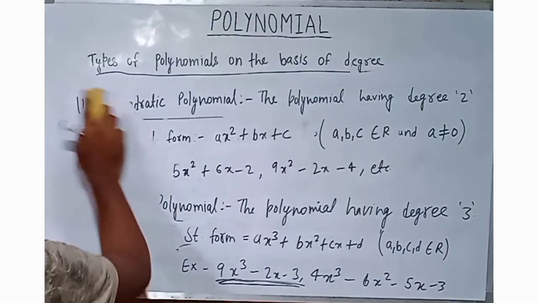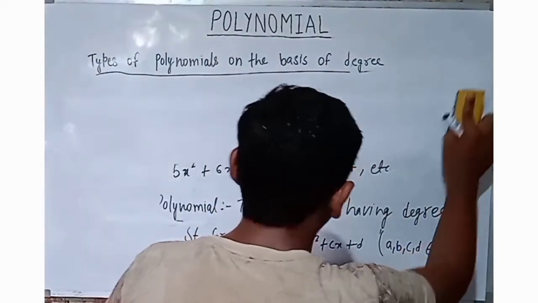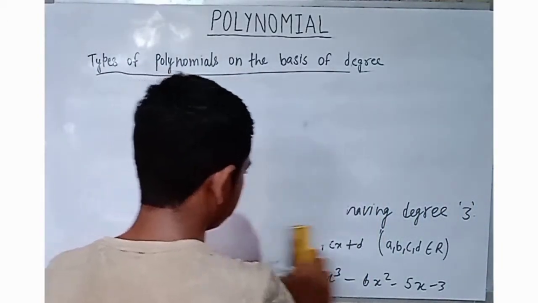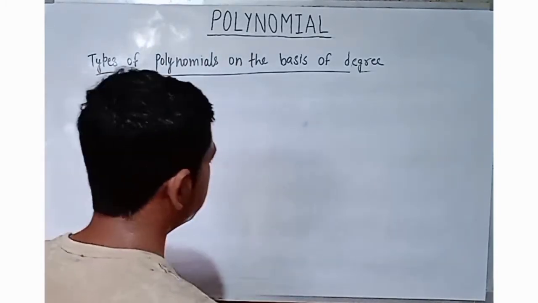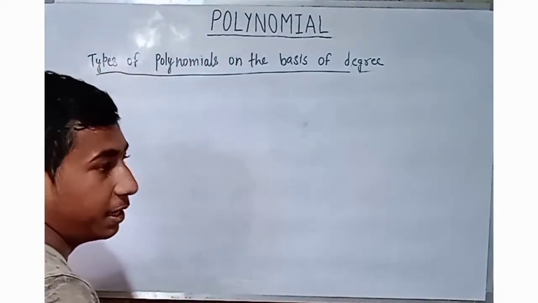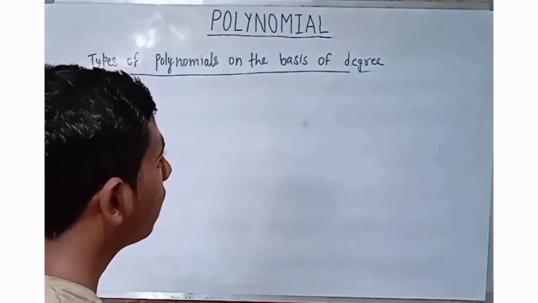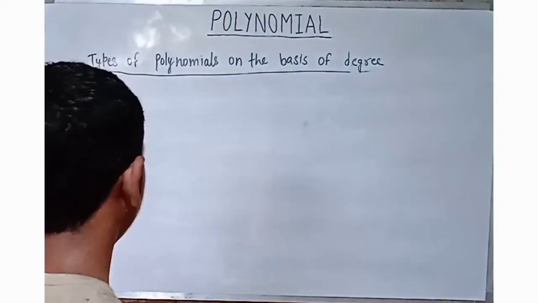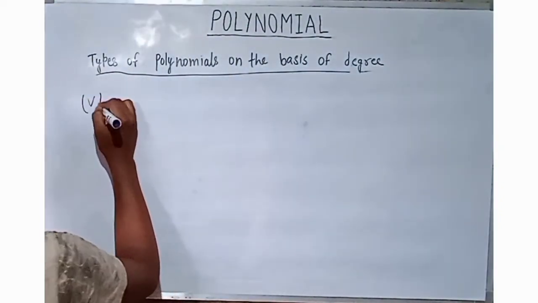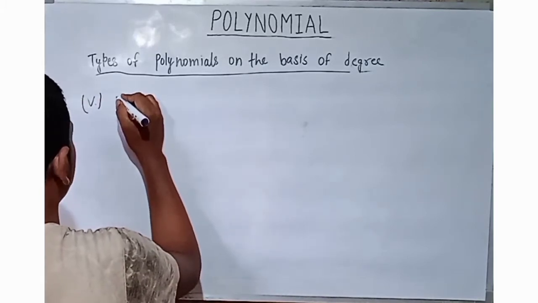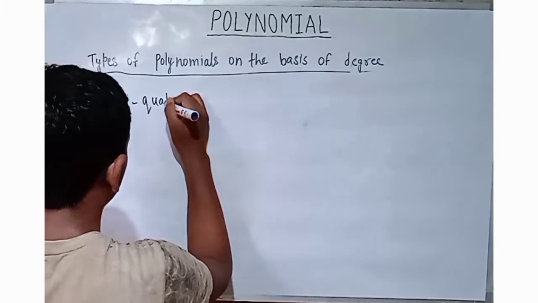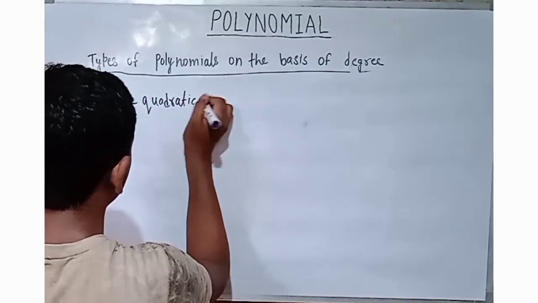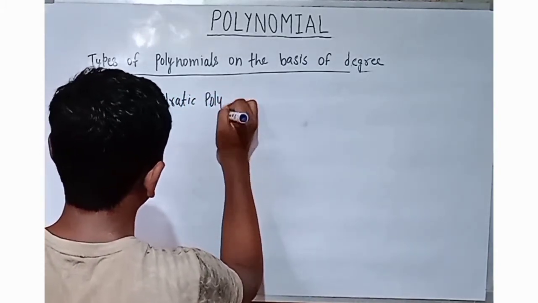So next is the biquadratic polynomial. There are lots of types of polynomial on the basis of degree and terms, but we need to keep it limited. According to what we need, we have to study. So the fifth one is biquadratic polynomial.